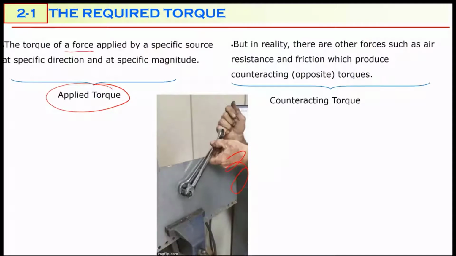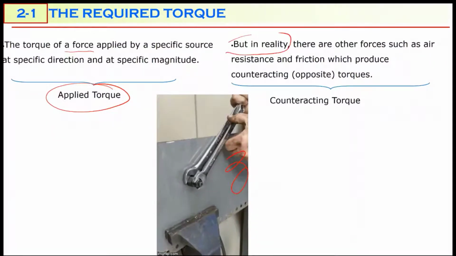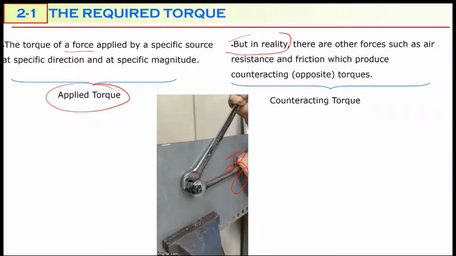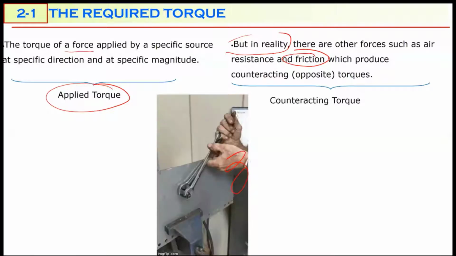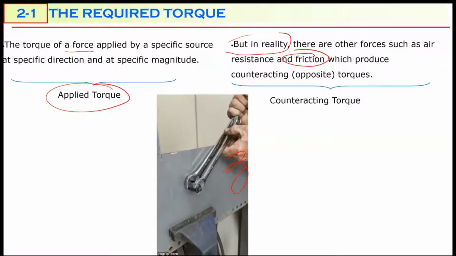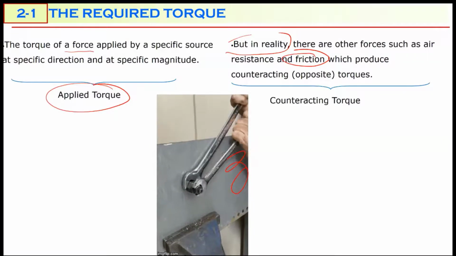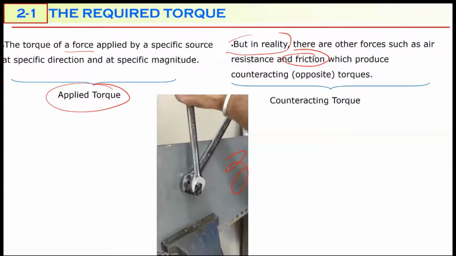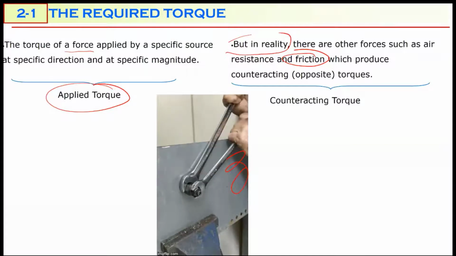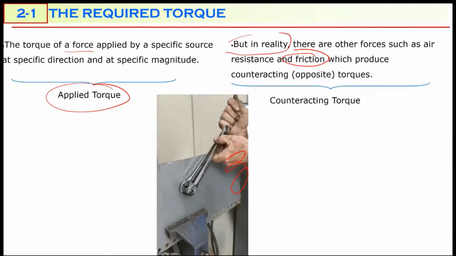But in reality, there are other forces such as air resistance and friction. Air resistance we don't care so much about, but static friction produces counteracting torque, which means torque in the opposite direction of the torque applied by your hand. So the friction force produces an oppositely directed torque, which is called counteracting torque.